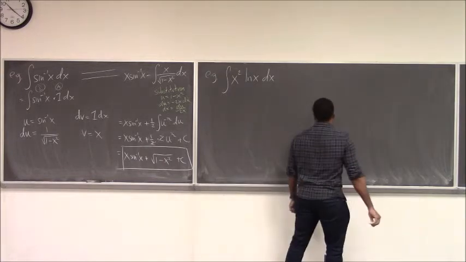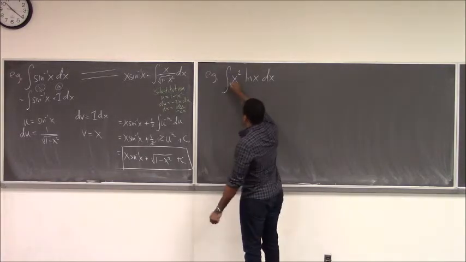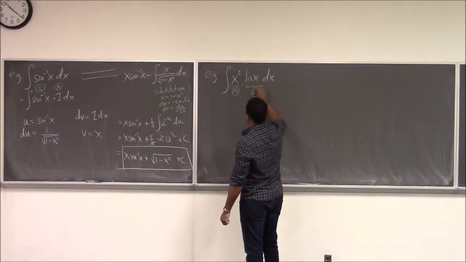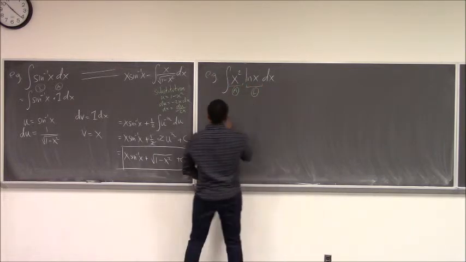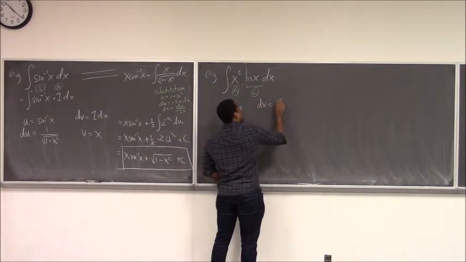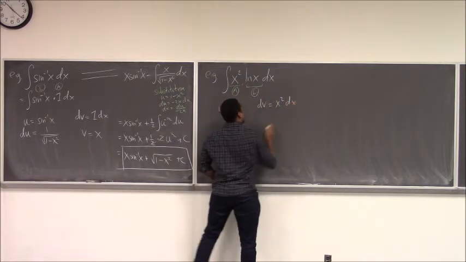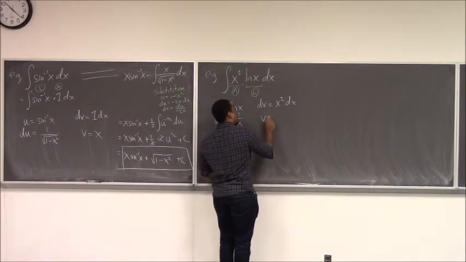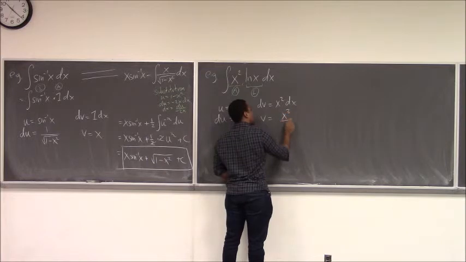Another example here. This guy is an A, that guy is an L, according to LIATE, integration by parts. This would give us x cubed over 3.